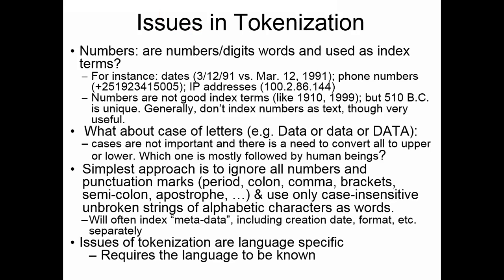Since tokenization is language dependent, whatever we are deciding, even the word separator that we are claiming, depends on the language. What is used in Amharic may not be used in English. So depending on the language, we have to decide word separators.